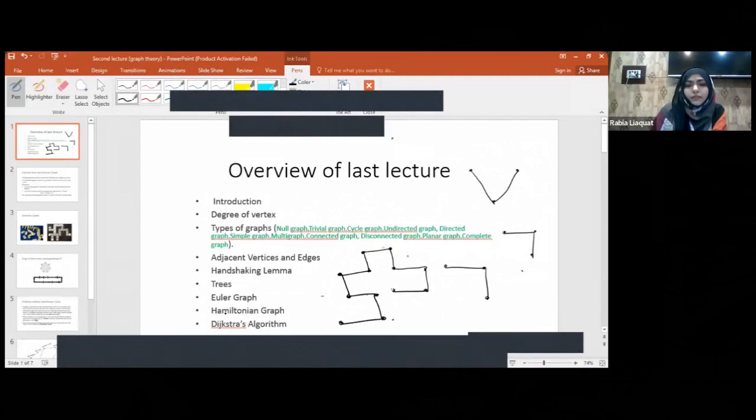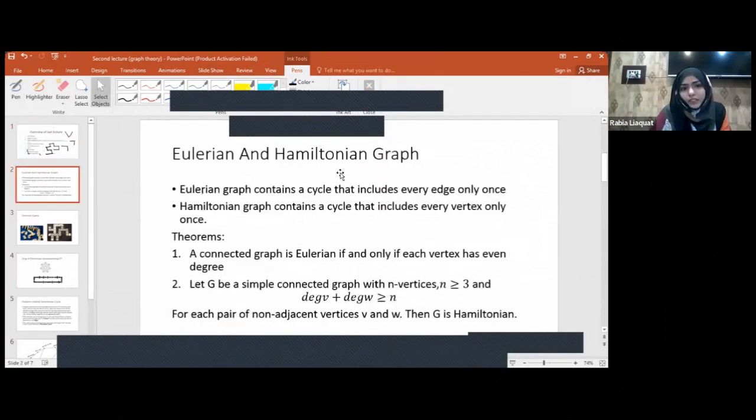Today our main topic is Euler graph and Hamiltonian graph. And the Dijkstra algorithm, in the last lecture we read an algorithm which calculates the shortest path. So our main focus is Euler graph and Hamiltonian graph. So let's move on. What are Euler graph and Hamiltonian graph?